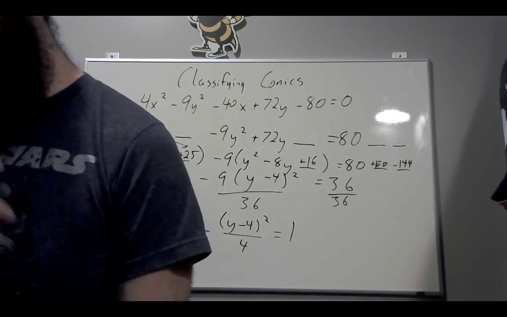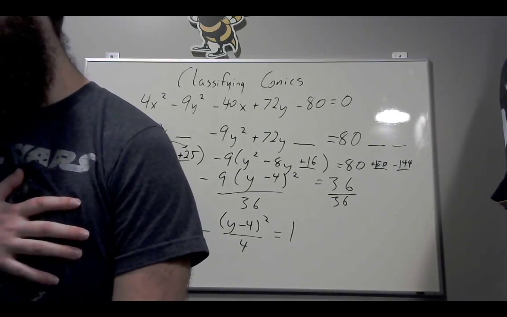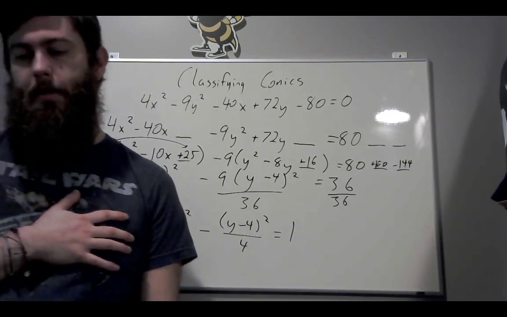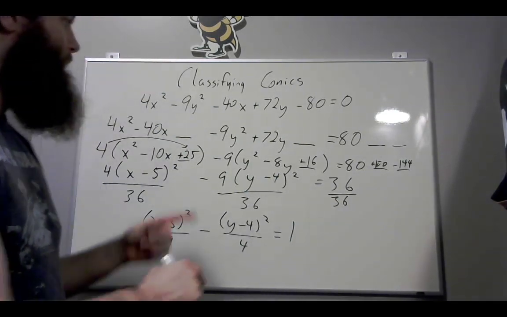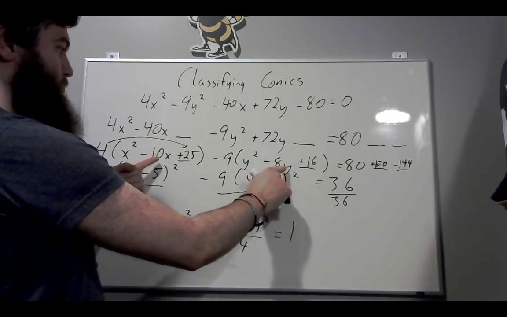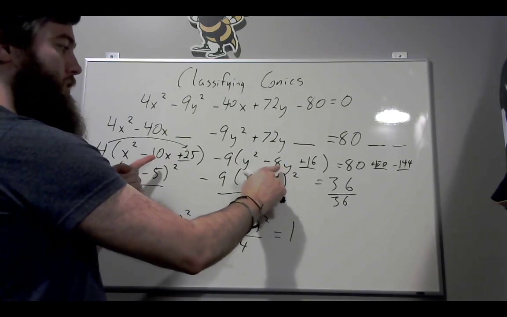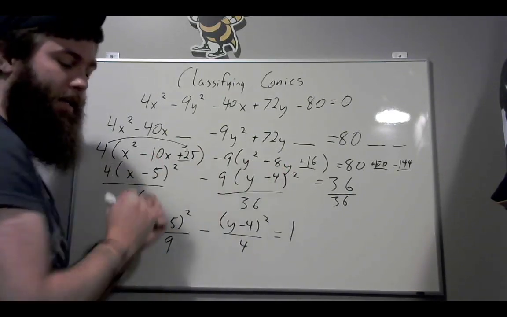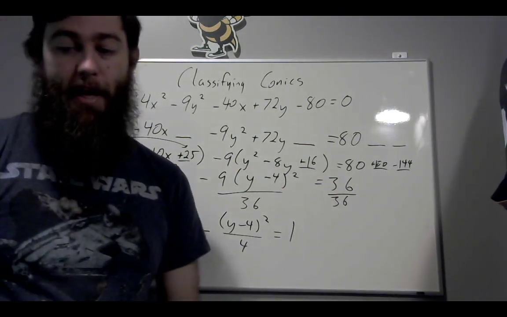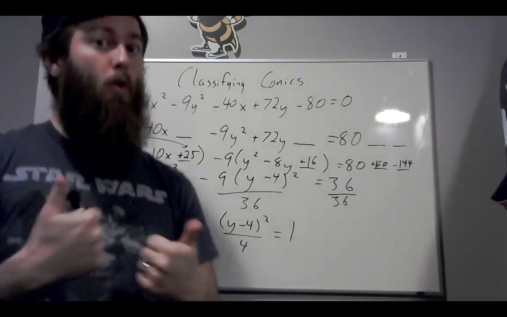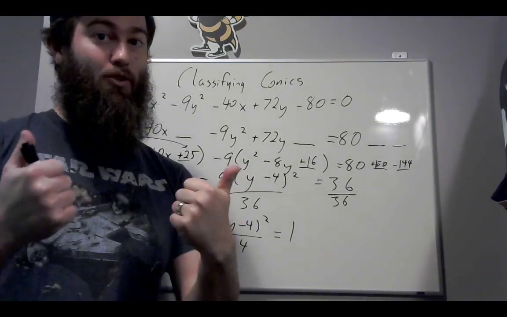So the question was asked, how do you complete the square if you're missing your y or your x term? You're actually hoping for that, because you don't have to complete the square since it is a square already.